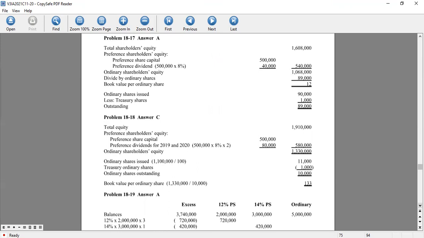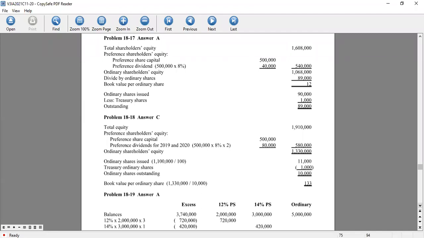Dividends on preference shares are in arrears only for the current year. So total of preference shareholders equity 540,000, leaving the ordinary shareholders equity of 1,068,000, divide by the number of ordinary shares.